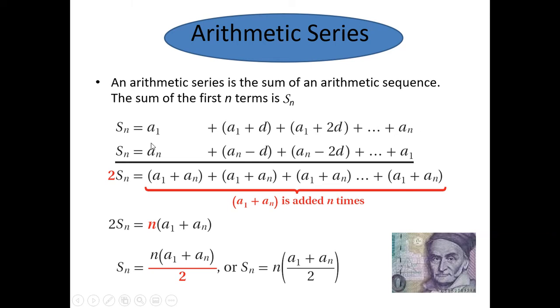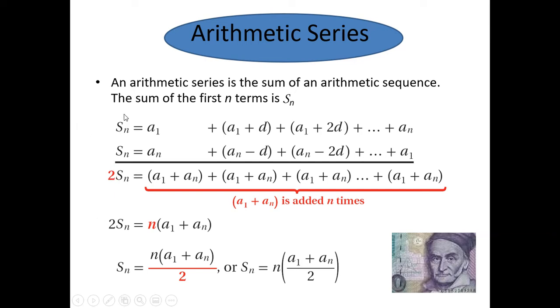Now I'm going to do the same thing, except in reverse order. So I'm going to take the highest element, a sub n, plus the second to last element, a sub n minus d, a sub n minus 2d, all the way down to my first element, a sub 1. So I've got the same exact series, but I just wrote one lowest to highest and one from highest to lowest. Well, if I add them both together, look what I get.